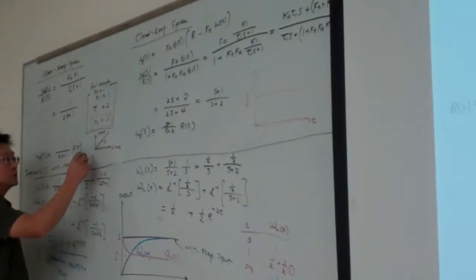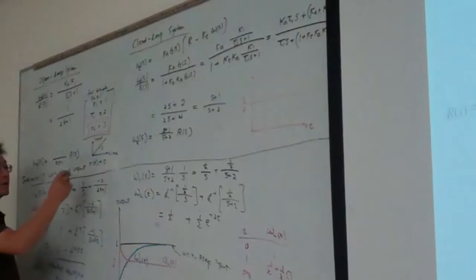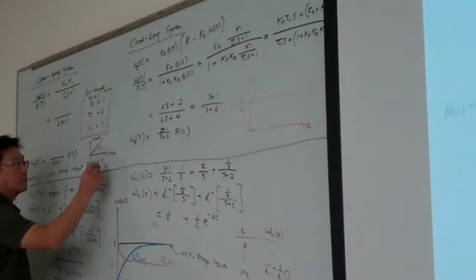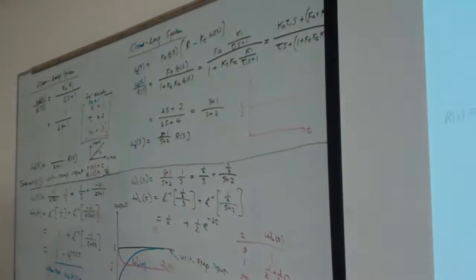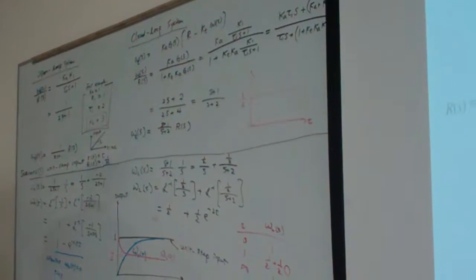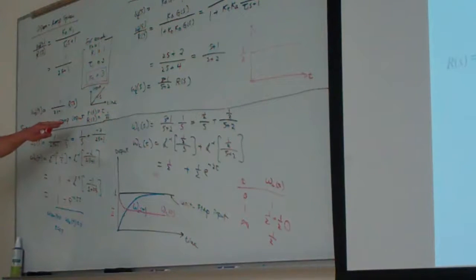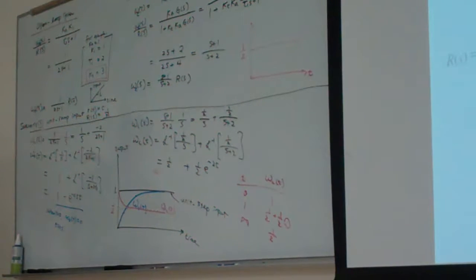So in preparations, r(t) will be equal to t, which means R(s) will be equal to 1 over s squared. With this one, you can repeat the calculations and see how that goes.